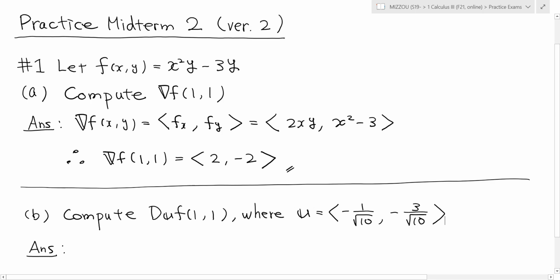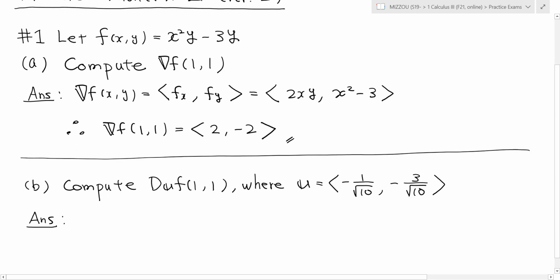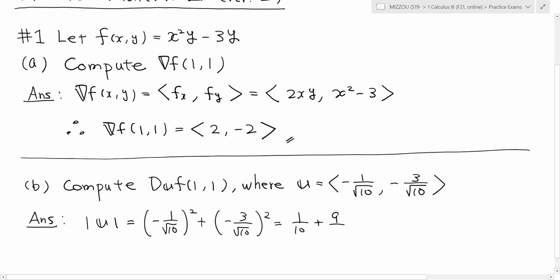Strictly speaking, you can check that the magnitude of u is indeed 1, which means u is a unit vector. Indeed, this is negative 1 over root 10 squared plus negative 3 over root 10 squared, and that's 1 over 10 plus 9 over 10, and that's indeed 10 over 10, 1.